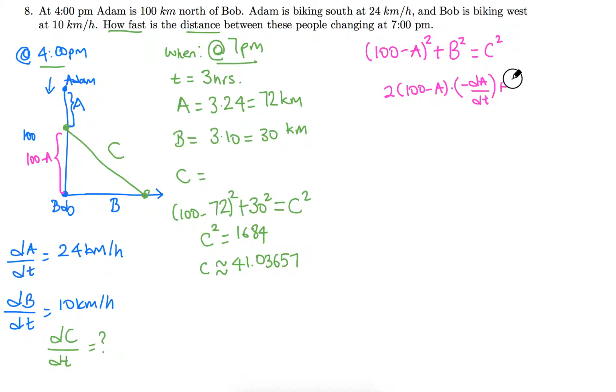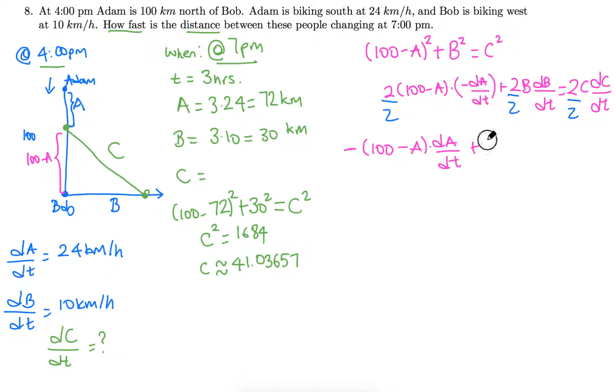Plus, derivative of B squared is 2B times dB over dt equals derivative of C squared is 2C times dc over dt. To simplify it a little bit again, we can divide everything by 2 so that we get rid of that extra number. So we have negative (100 minus A) times dA over dt plus B times dB over dt equals C times dc over dt.